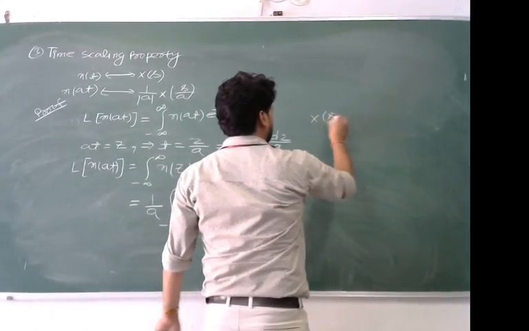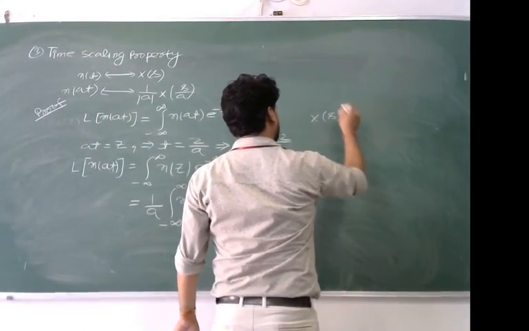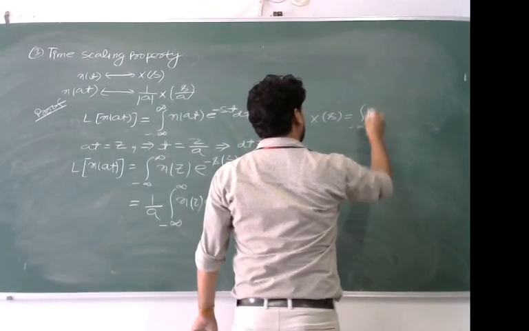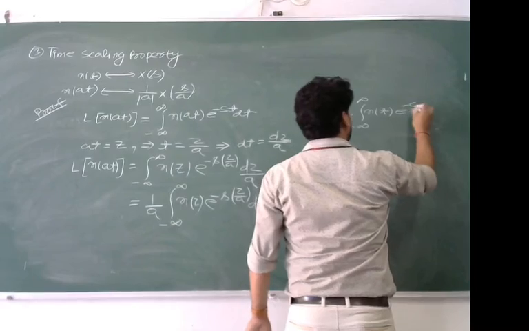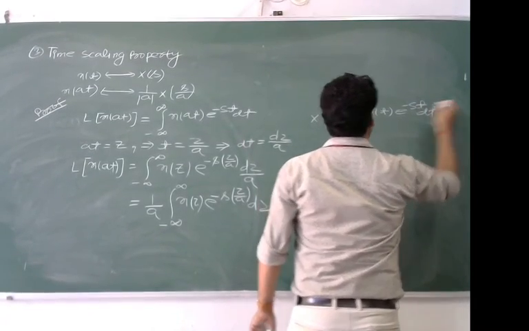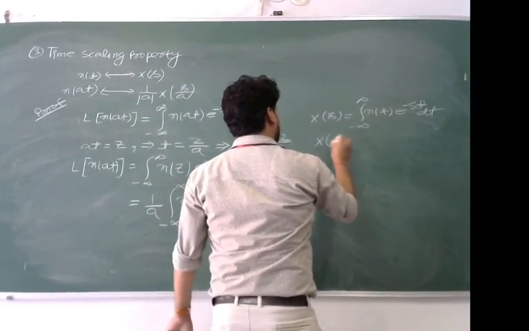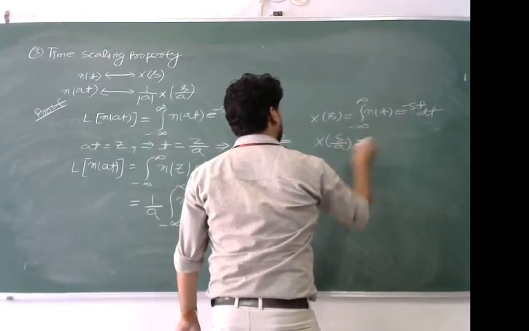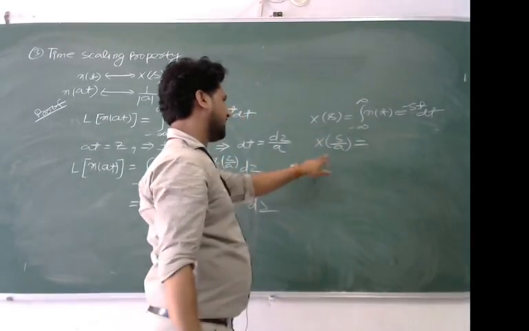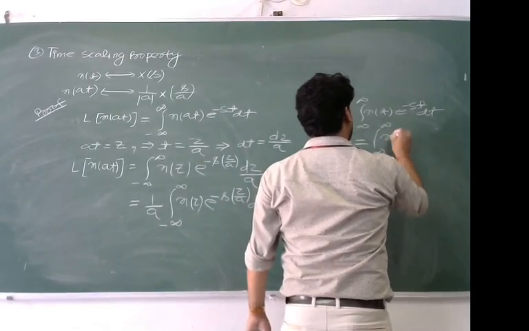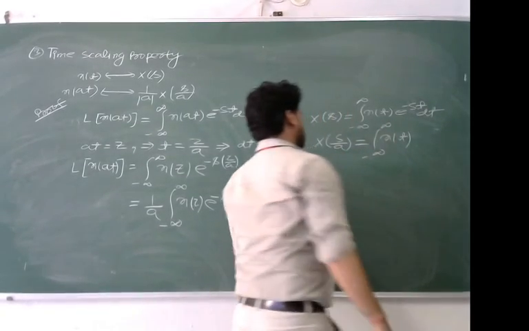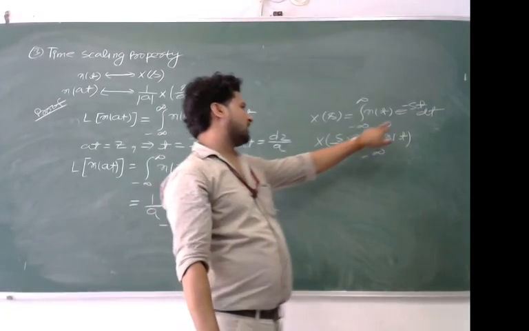x of t, because X of s is equal to the integration from minus infinite to plus infinite of x of t e power minus st dt. It means that when I find the value of X of s by a, this will be equal to the integration from minus infinite to plus infinite of x of t, and in place of s I will write s by a in this relation.